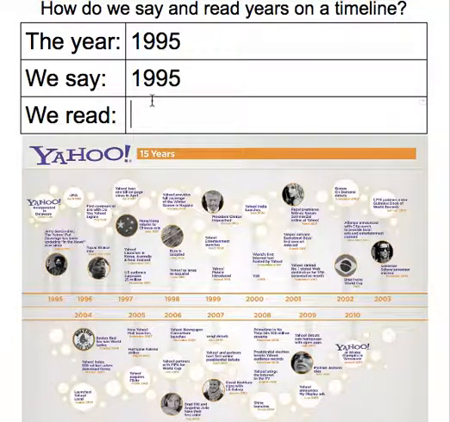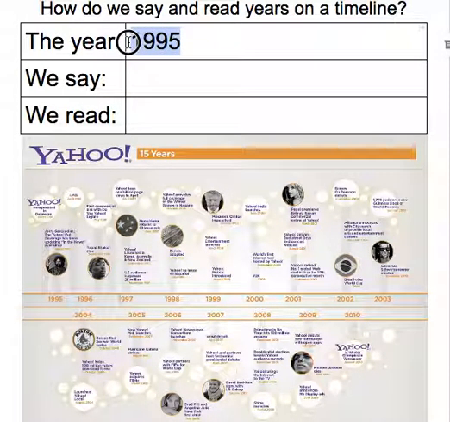Now, let's try one that's not on the timeline. This will show how much you've learned. Let's try this one, which is an important year for Cambodia. Try to say this year with your partner.